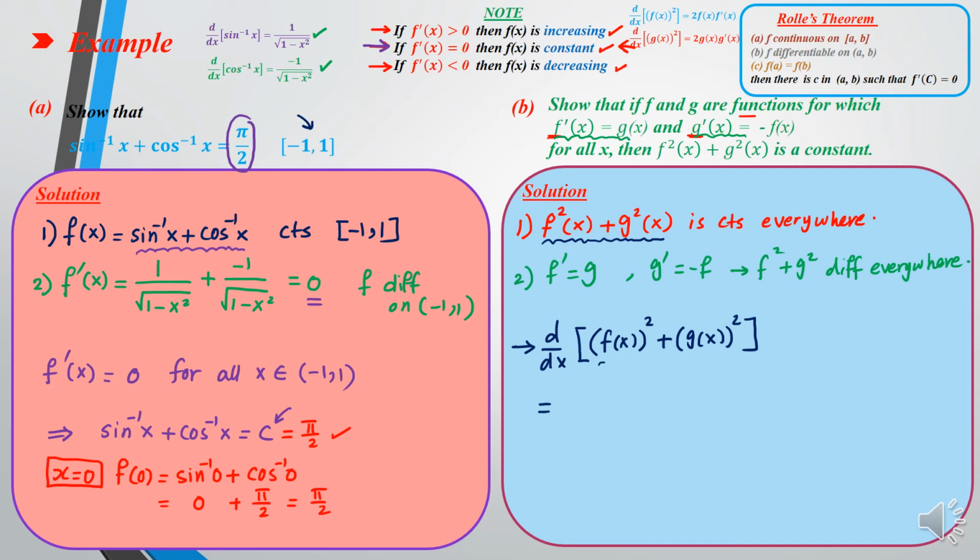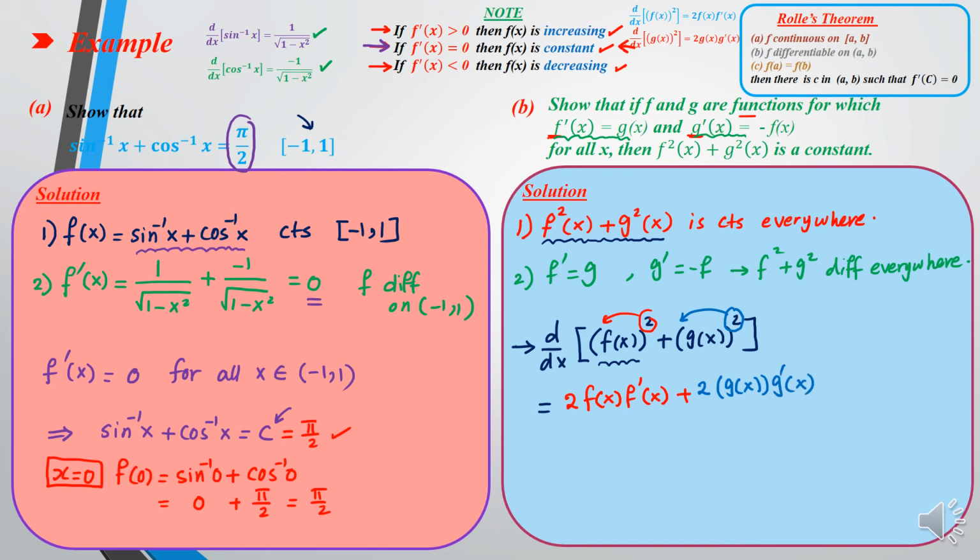So for the derivative of the first term, you have to put down the exponent 2. So we have 2 times f of x multiplied by the derivative of the inside function, which is f prime of x, plus the derivative of the second function. So you have to put the power 2 down multiplied by g of x to the power 1 multiplied by the derivative of the inside function, which is g prime of x.